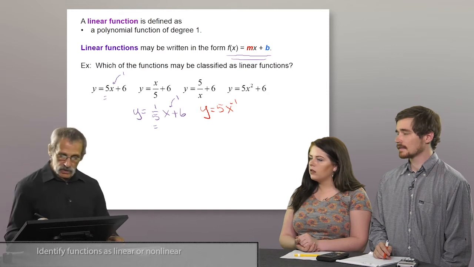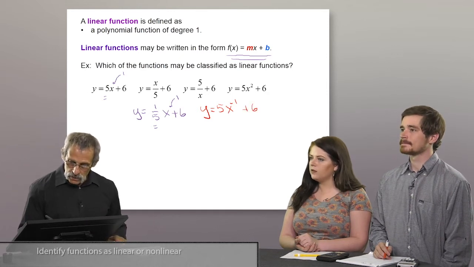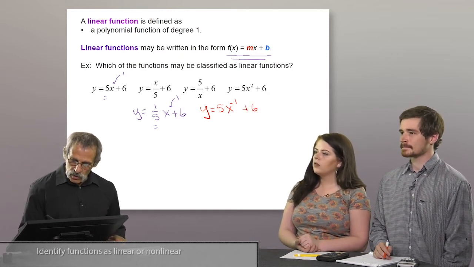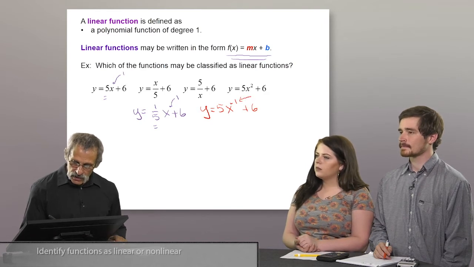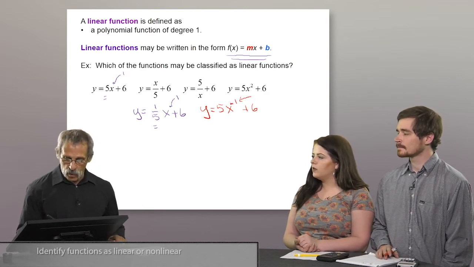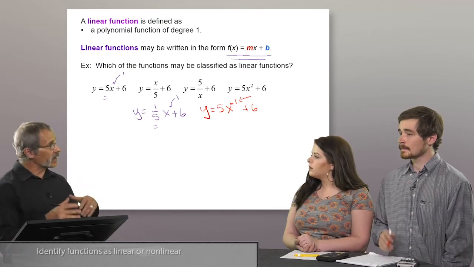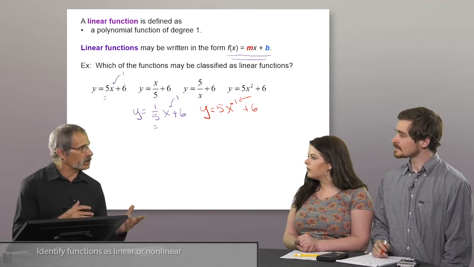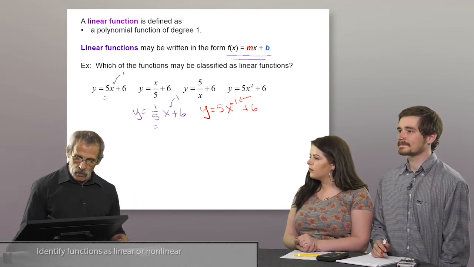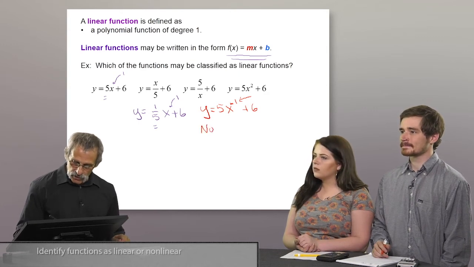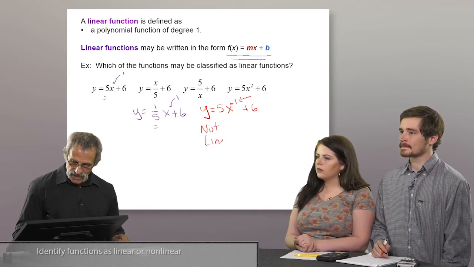Very good. And then plus 6. So I do have my coefficient, but notice the exponent is negative 1. That negative 1 is not a 1. It's probably the silliest thing you've heard all day, but that's crucial. That means that what we have here is not a linear function. So I'm just going to write that down. It's the first time I came up with something that was not a linear function.